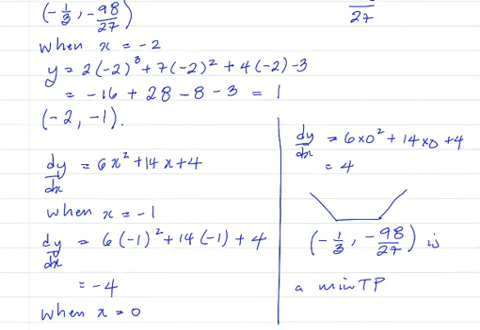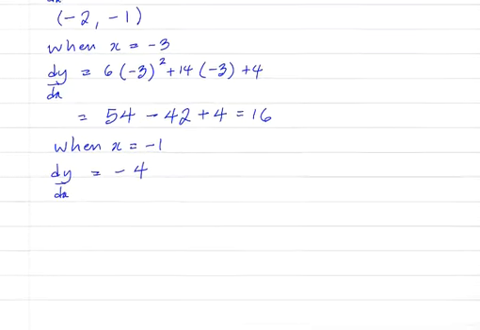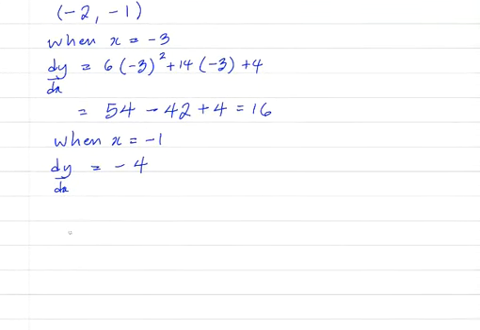So we can go back. When x is equal to minus 1, dy by dx is equal to minus 4. So before the turning point, the gradient is positive. At the turning point, the gradient is 0. After the turning point, the gradient is negative.